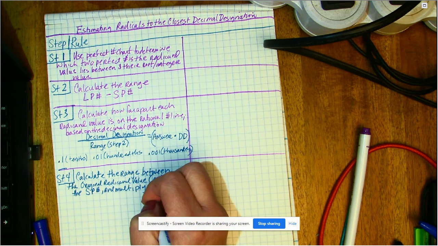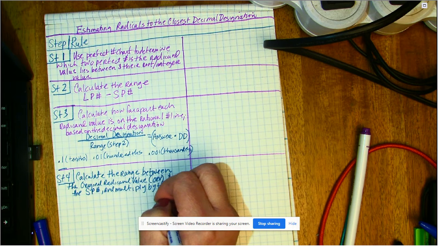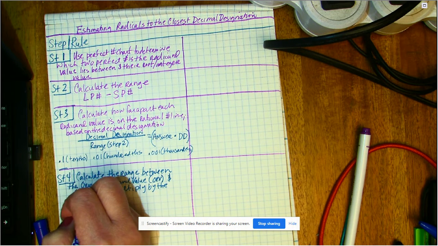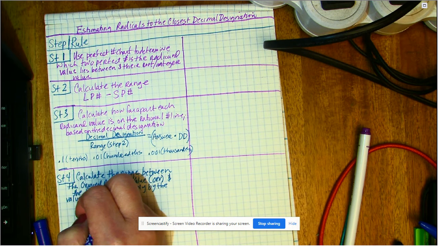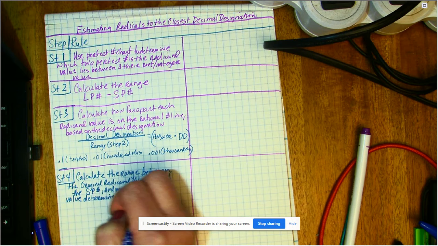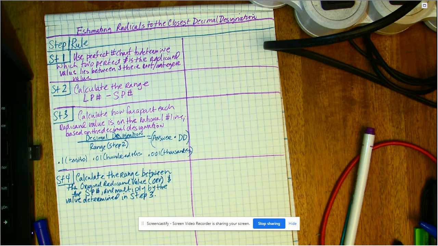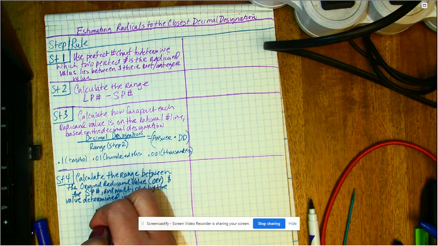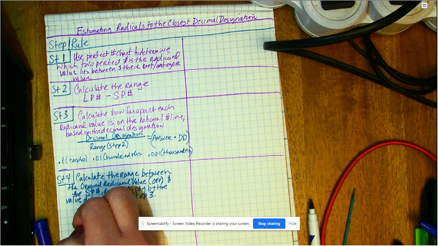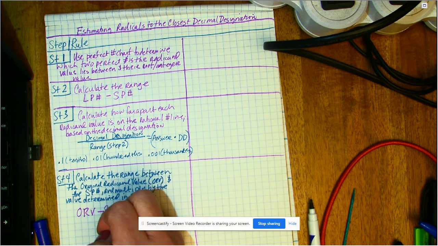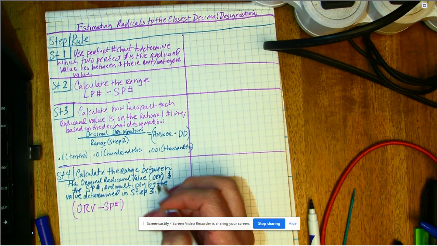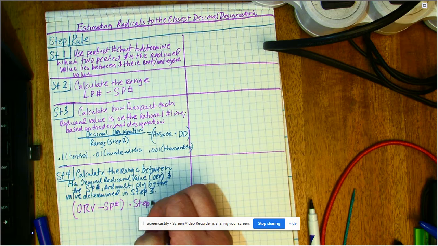And then multiply that by the value determined in step 3. So remember, there's a whole bunch of radicals in between these two integers. And now we're basically finding out, like, is this the third radical in? Is it the fourth, fifth, etc.? So original radicand value minus smallest perfect number, multiplied by the value we calculated in step 3.